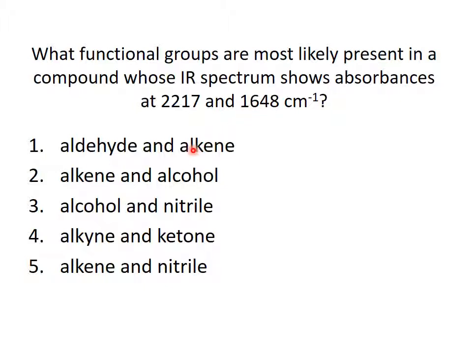So it could be either an aldehyde and an alkene and an alcohol, or an alkene and a nitrile. If I look at 2200, this is in that triple bond range. That triple bond range would either be an alkyne or a nitrile. So the only thing that would give you a peak here and here would be down here, the alkene and the nitrile.